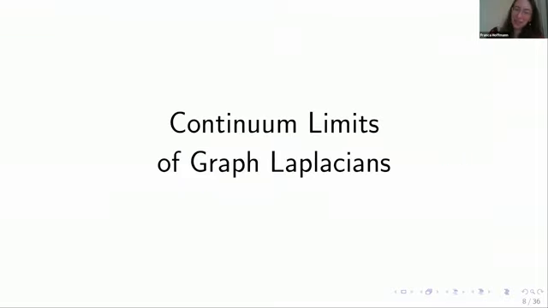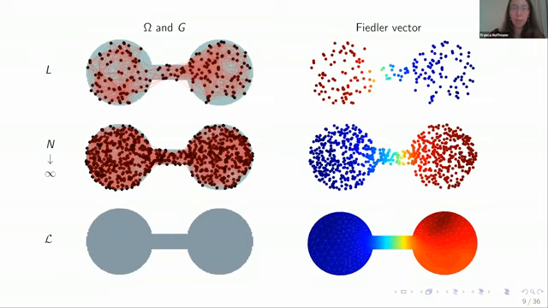Okay, so as I mentioned at the beginning, what I'm interested in is actually continuum limits of these objects. So I would like to go there first and then show you a bit of analysis on the limiting operators, and then come back to what that means for the discrete clustering algorithms. And so this is just a slide to give you an intuitive picture of what is happening in the limit.